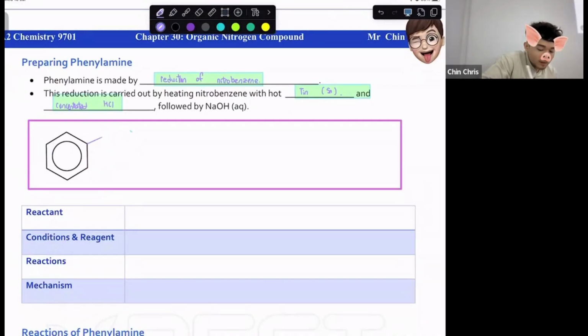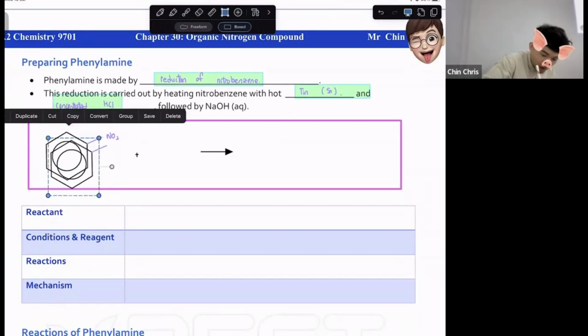I thought you guys were G-Dragon. Is G-Dragon coming to Malaysia? I heard the news, they say G-Dragon is coming to Malaysia.